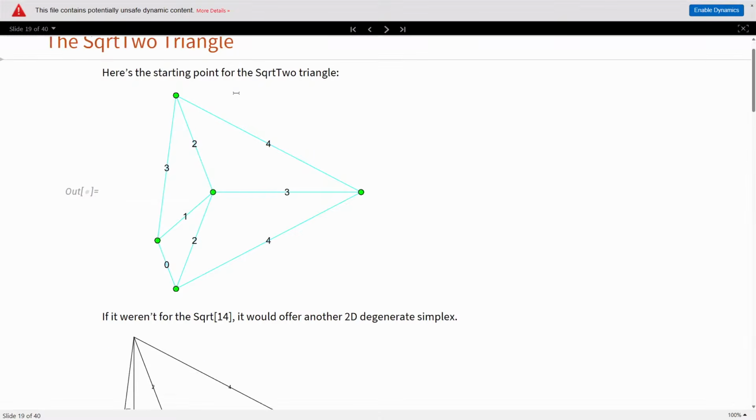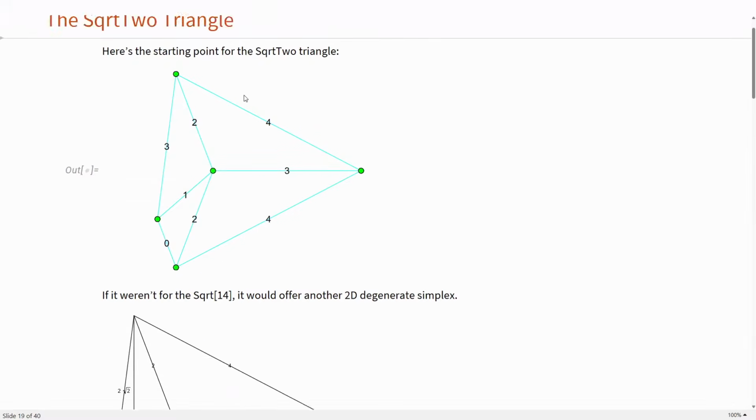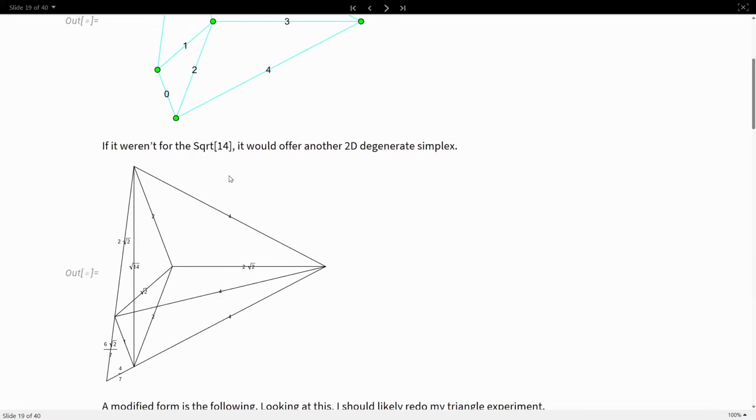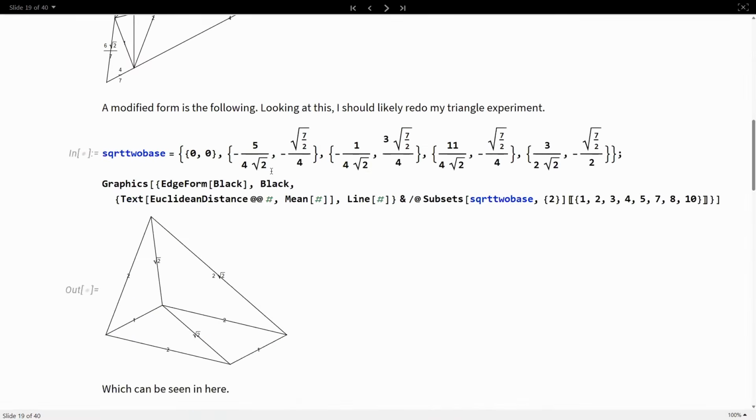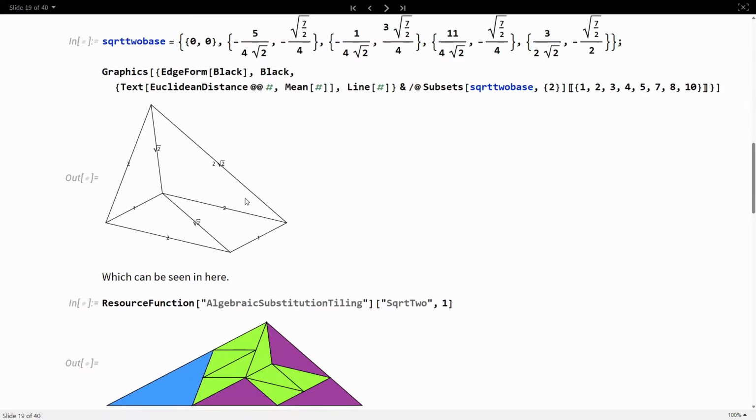So here's one. This is the one based on the square root of 2. And we can complete it. We get this triangle here. It turns out that this edge here means it's not a 2D degenerate simplex. So I took a look at it. Here's a modified form, which I found easier to work with.